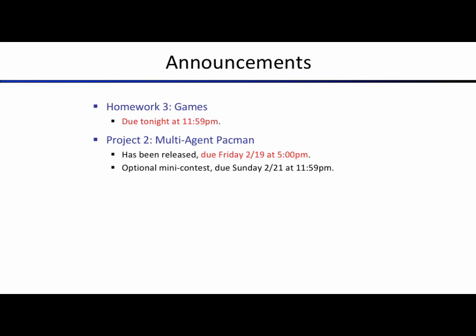Because once we have the values, we can do a one-step look ahead and say, well, at the previous iteration I had pi I. And pi I, when I applied it to S, just gave me some action to take. But now I can look ahead and say, maybe I can take other actions, and for each of these actions, I'll have a distribution over states, and I'll get some reward, and then I'll follow pi I from then on and get the value of following pi I.